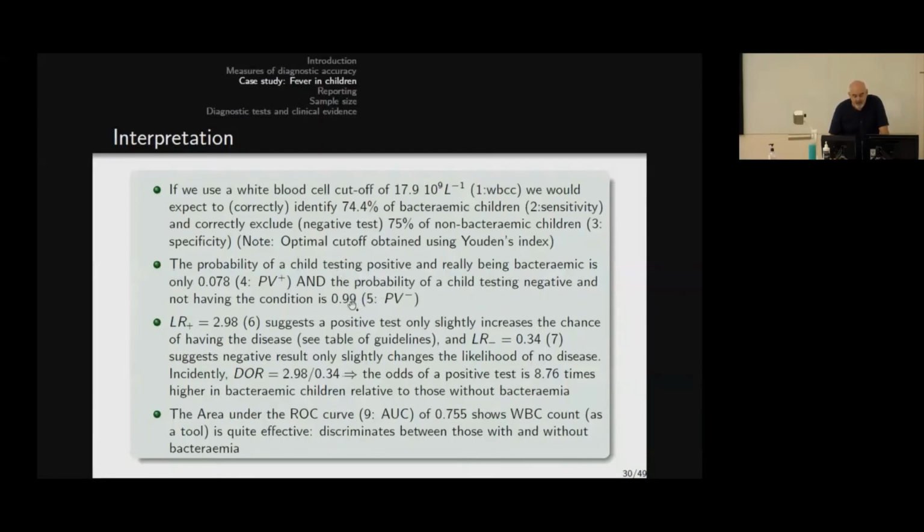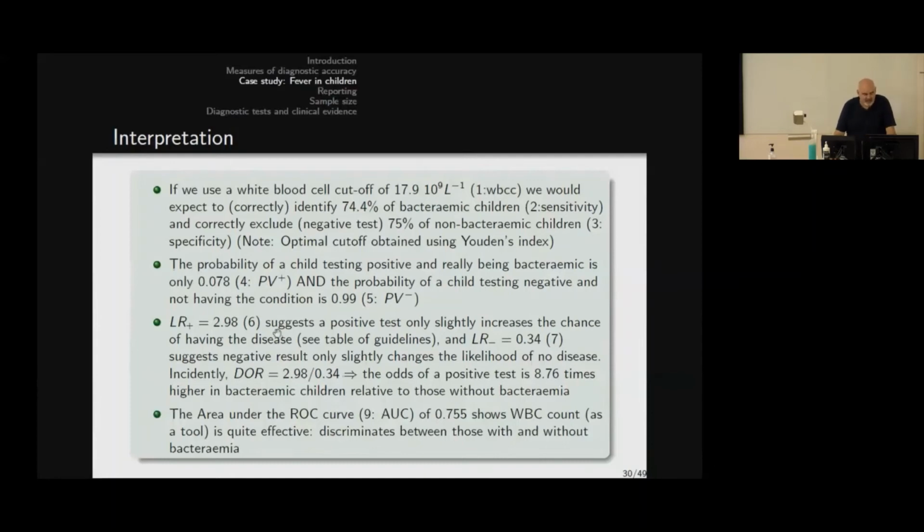So of those that we called negative, 99% didn't actually have the disease, which is very good. Now, we also know that these two values here are very dependent on prevalence, okay? So again, I'd always take them with a grain of salt.